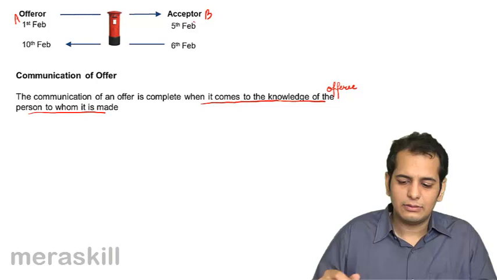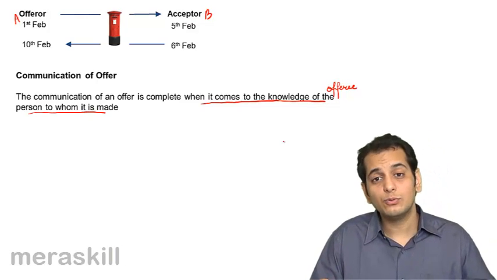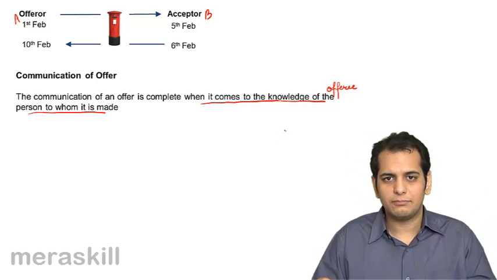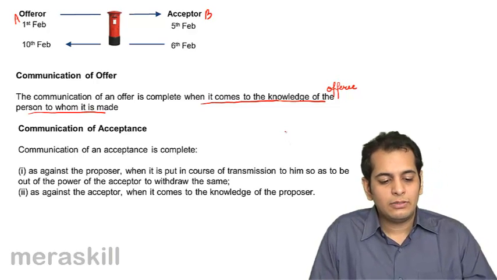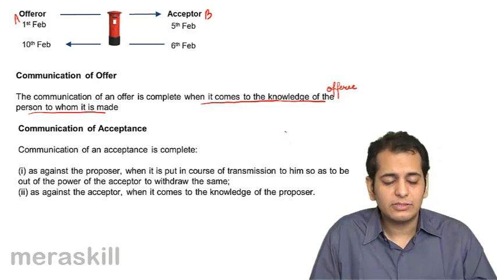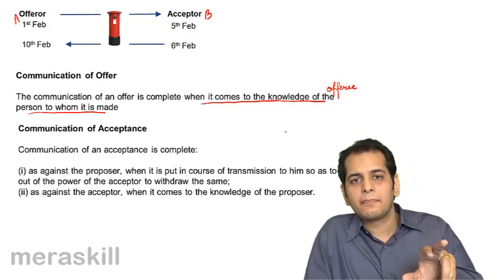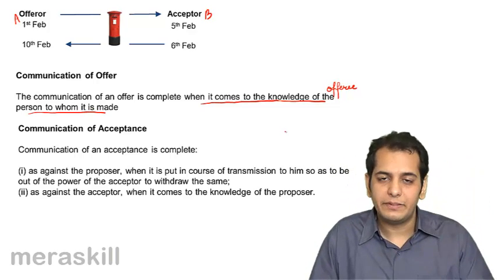Okay? Now let us try to understand when the communication of acceptance is complete. Now for communication of acceptance, there are two legs. For both the parties, communication of acceptance is complete on different dates.